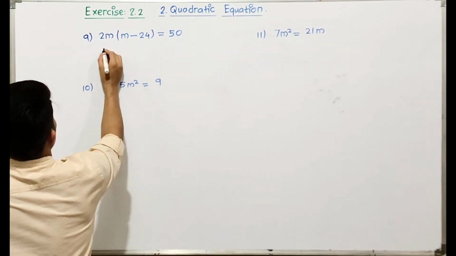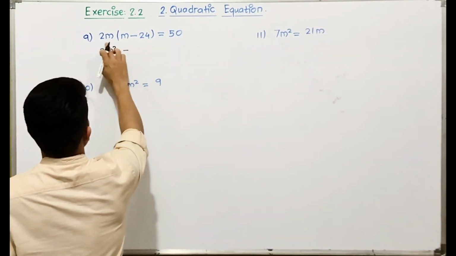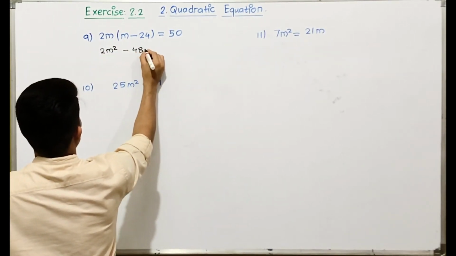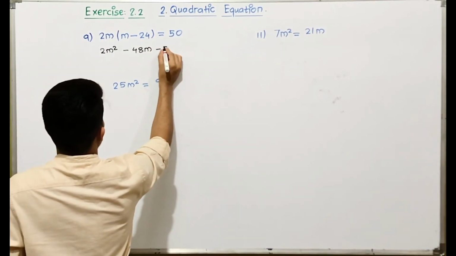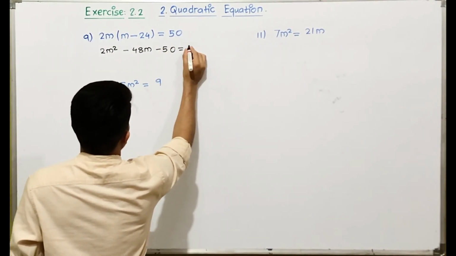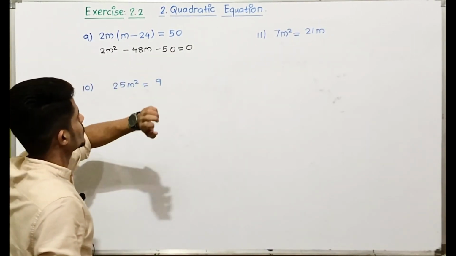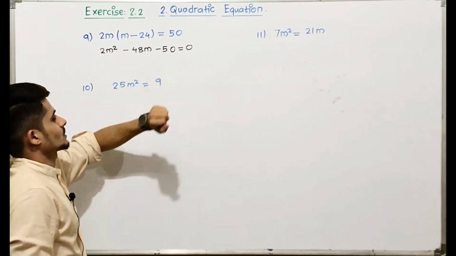So 2m into m is 2m square, minus 2m into 24 is 48m, and this plus 50 comes here, minus 50 is equal to 0. Now this equation is in the general form, that is m square, m and constant.